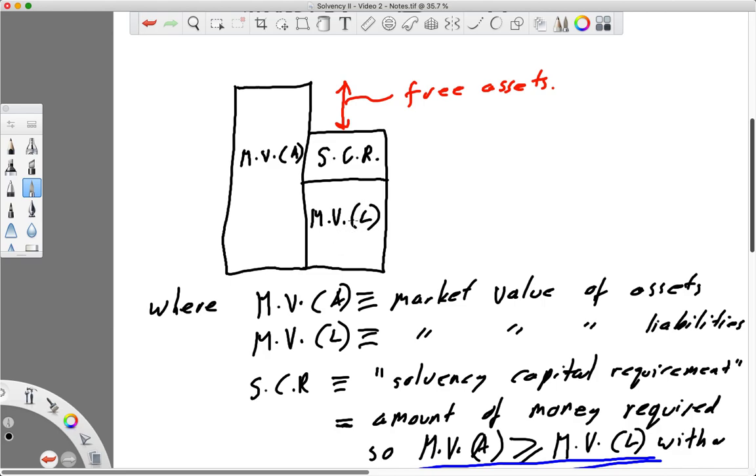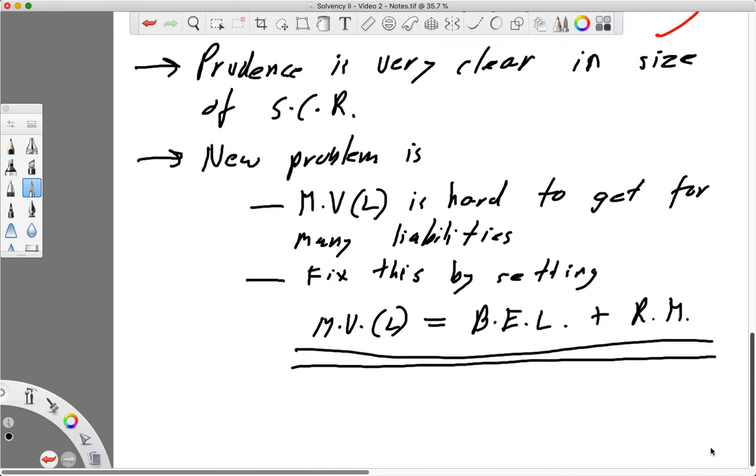Now the market value of liabilities is easy to get from the market for some liabilities. So for instance, if you've got a guarantee that behaves like an equity put option in the market, then you can get the market value of that guarantee from the market and you just slot that in here. But for lots of actuarial liabilities, those numbers just do not exist in the marketplace. So we need to use this equation instead.